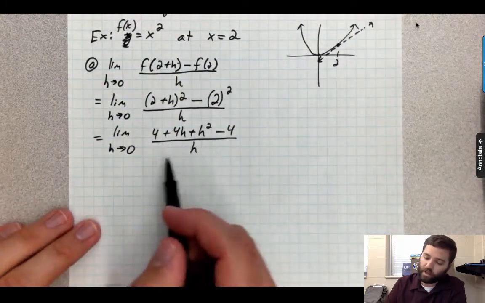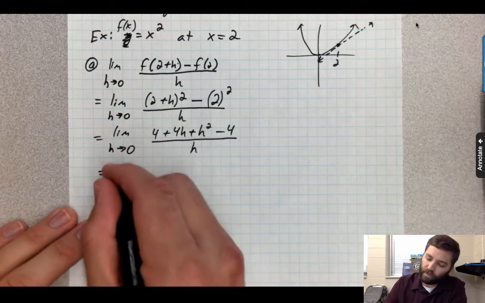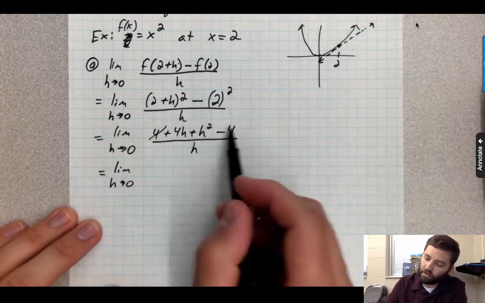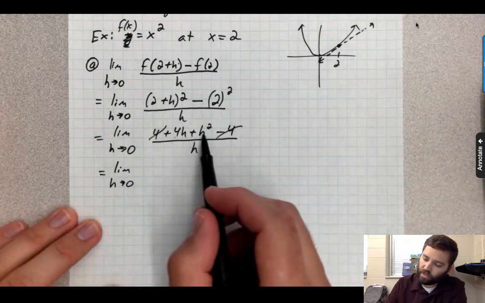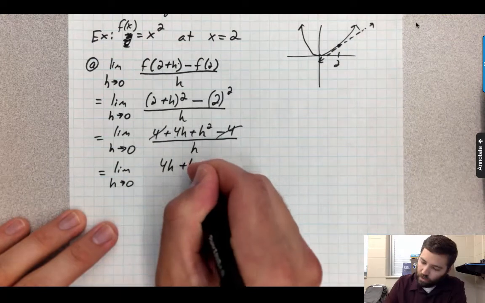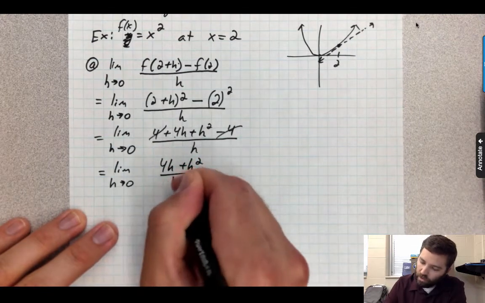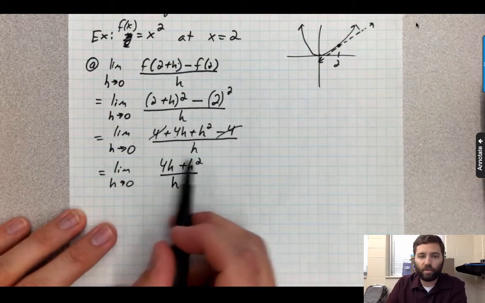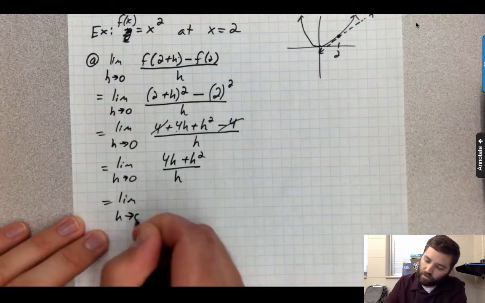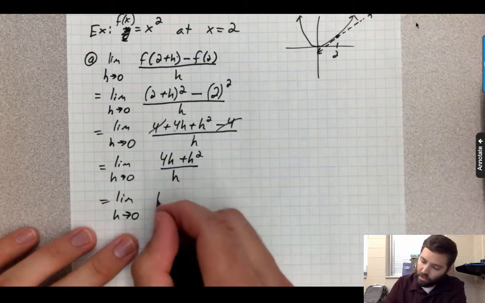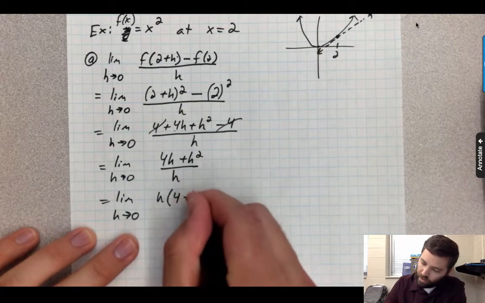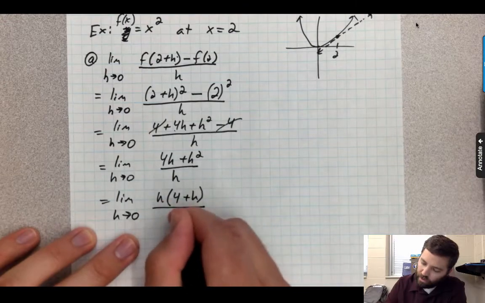So this ends up being the limit as h approaches 0. I have 4 minus 4, so that's 0. And I have 4h plus h squared over h. There's an h in each term up here, so I'm going to factor that h out in front. So the limit as h approaches 0 of h times, we'll be left with 4 plus h here, divided by h.